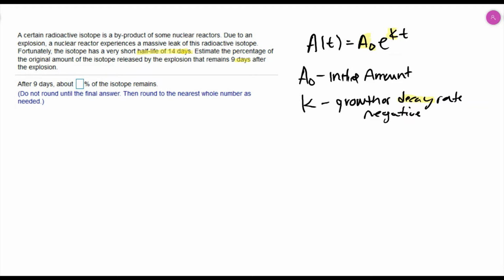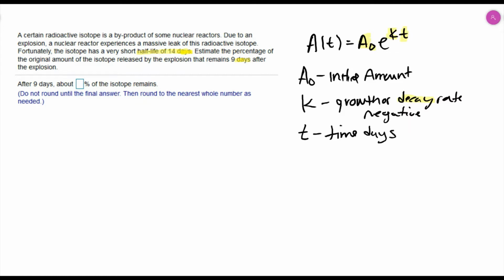So because it has a half-life, it's decaying instead of growing, and will have a negative value of K. Then we have our T, which is in time, and looking at our problem, we're dealing in days. So T is time in days.